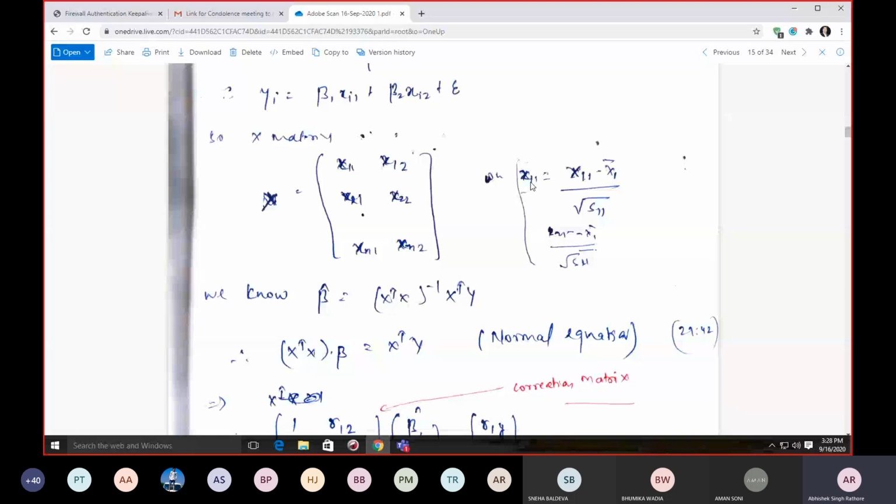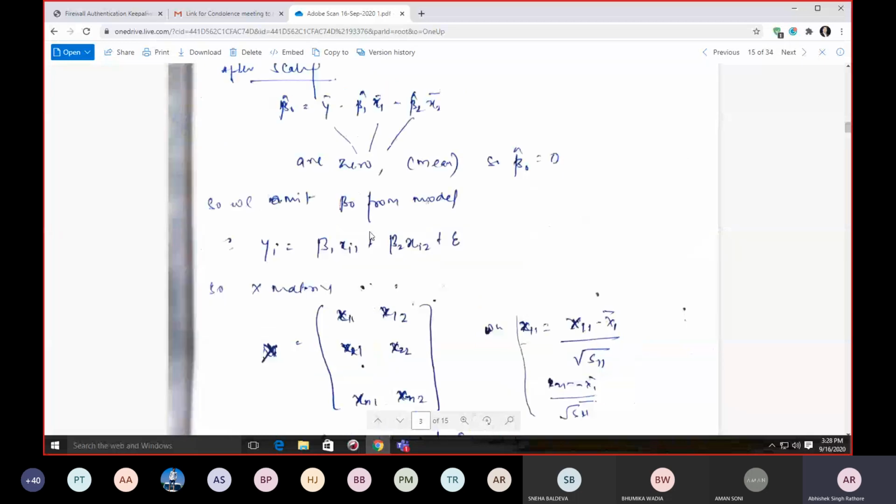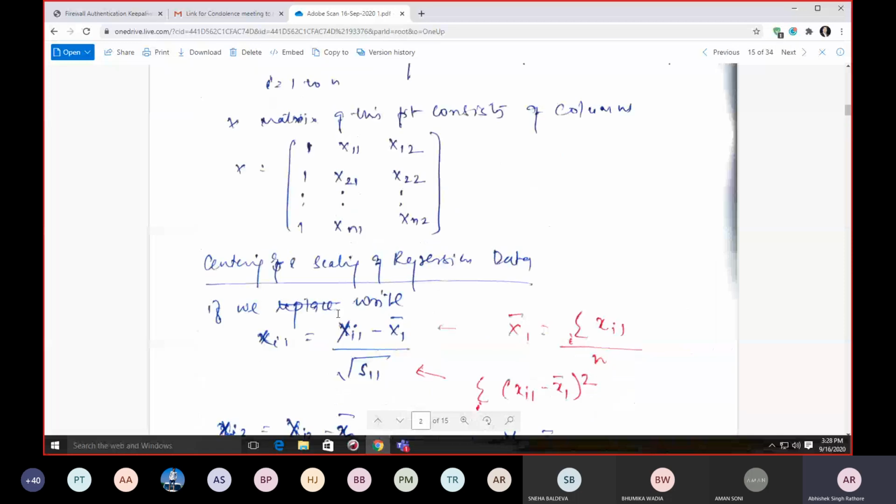So my small x1 is equal to capital X1 minus x1 bar upon the square root of s11. So we replaced over here: we replace this xi1 by these values available here. We are removing these values, and this value is replaced by this particular value. So we'll get this matrix over here.